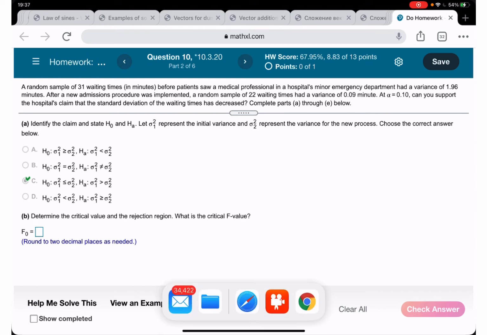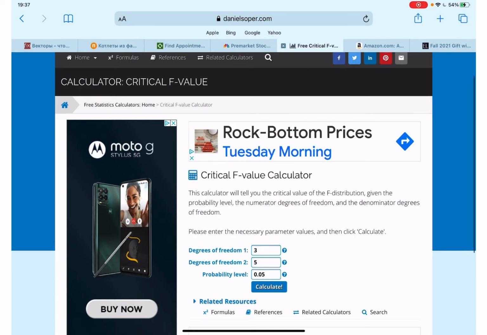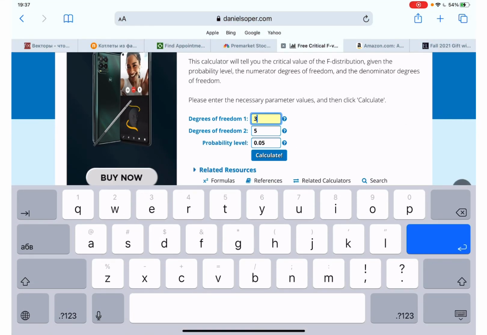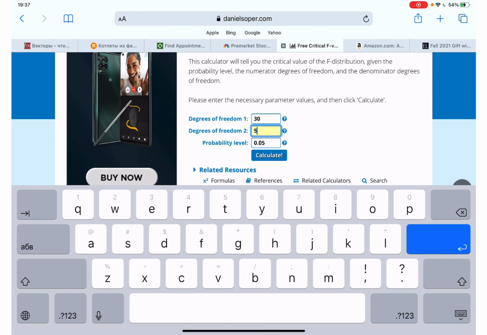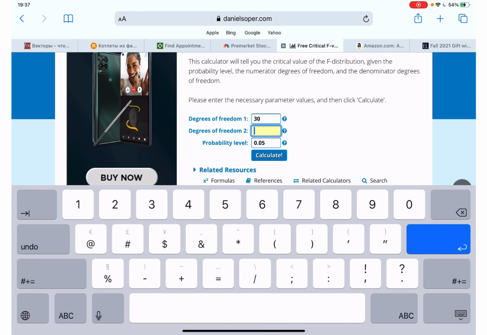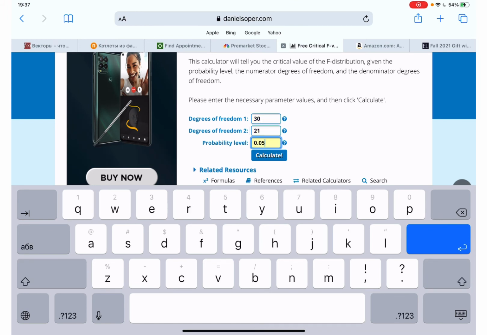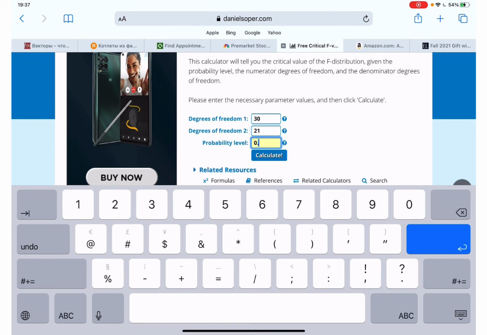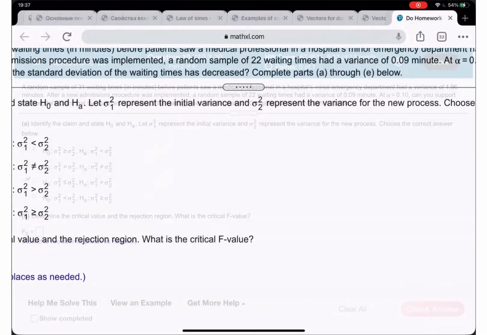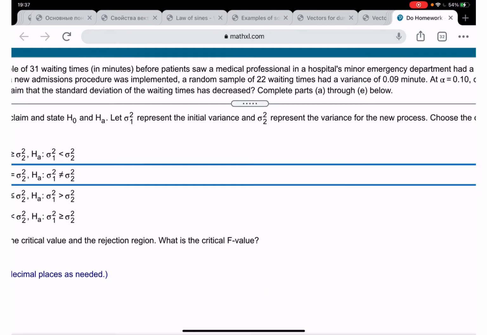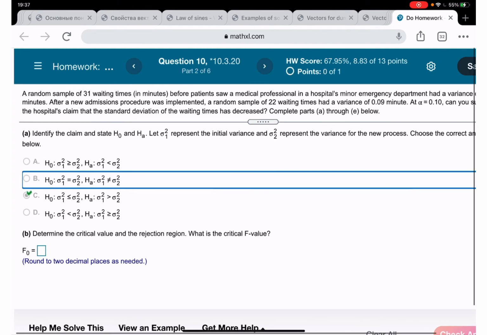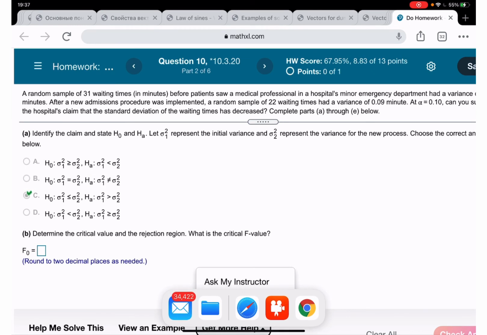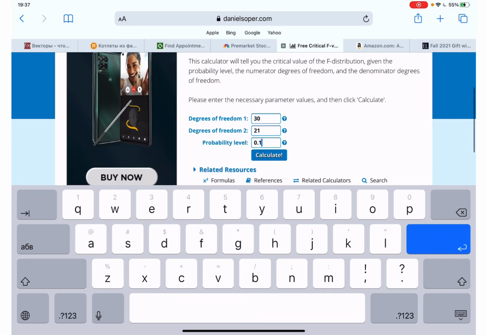So 31 and 22, which is going to be 30 and 21, and 0.1. I believe I said it right. Double check. 0.1. Okay, 22 will be 21 and 30. I think I placed everything correctly.